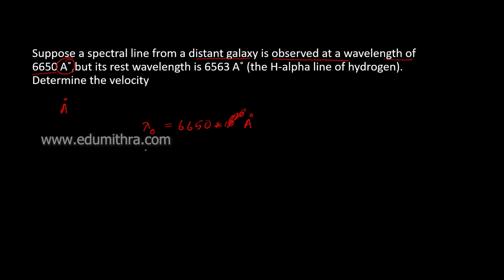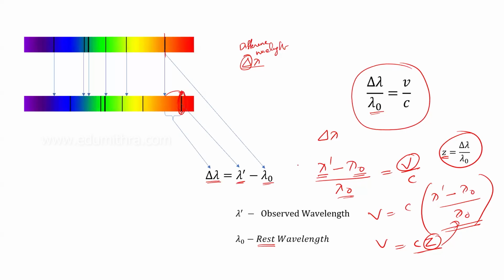Now its rest wavelength. Sorry, what was the convention? Lambda dash is the observed, lambda 0 is the rest.